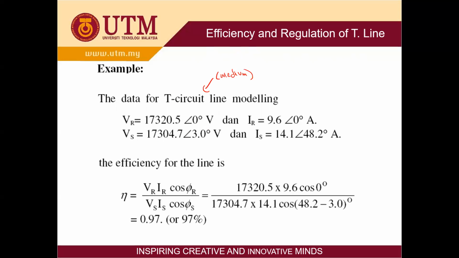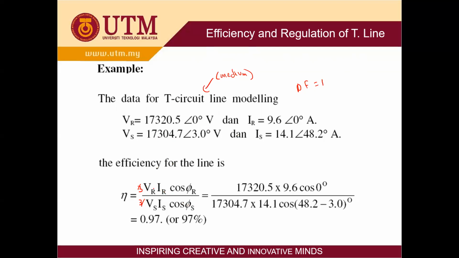Okay, so this is the previous example. We have calculated your VR and VS and also the IR and also IS. As you can see, the angle of IR is 0 because for that example, the power factor is unity, meaning that the voltage and current at the receiving end are in phase. And for the efficiency of the line, this one is three phase, but it's actually not different because you can cancel out the three here.